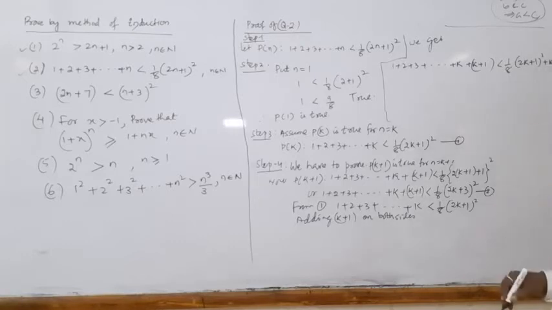Now we have to prove this is less than (2k plus 3).